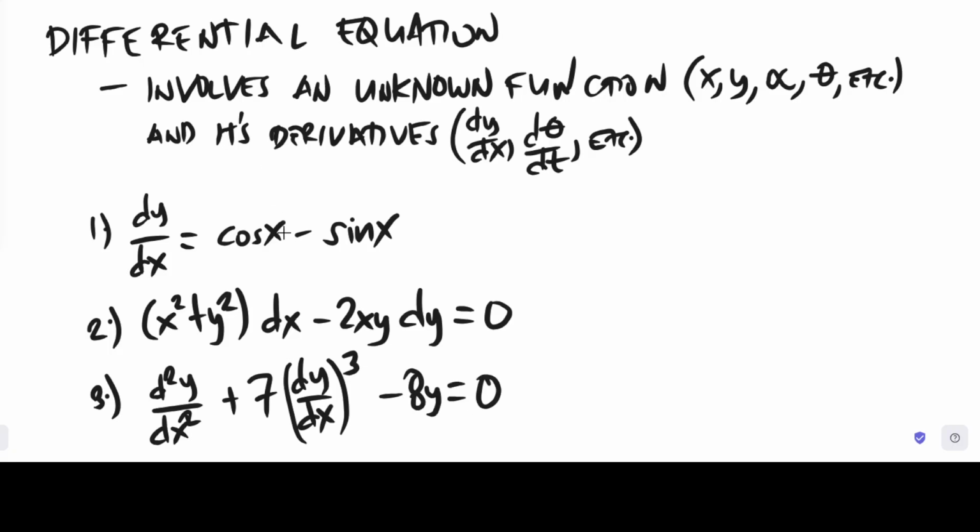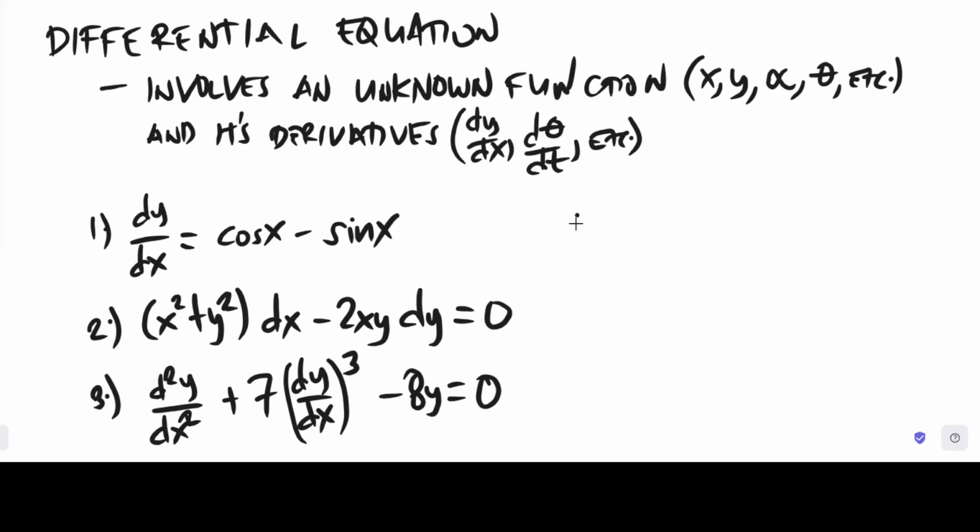So this example shows that the differential equation does not only involve the first derivative, it can also involve the second derivative, third derivative, etc. Also, the derivatives can be raised to a certain degree. In this case, the dy over dx is raised to 3.